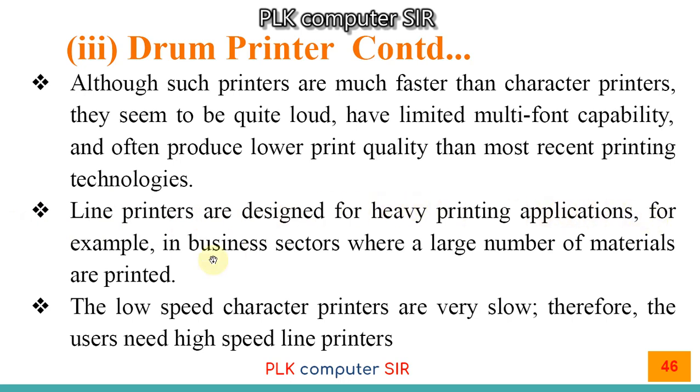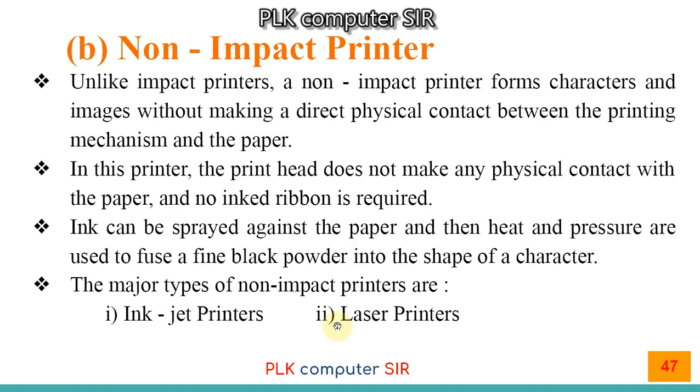For example, in the business sector where a large number of materials are printed, like a bank will print its customer statements, a school or college will produce their bills using this drum printer. The low speed character printers are very slow, therefore the user needs a high speed line printer. So according to their need, the user can purchase the drum printer.